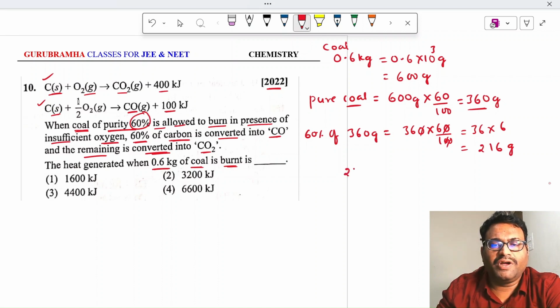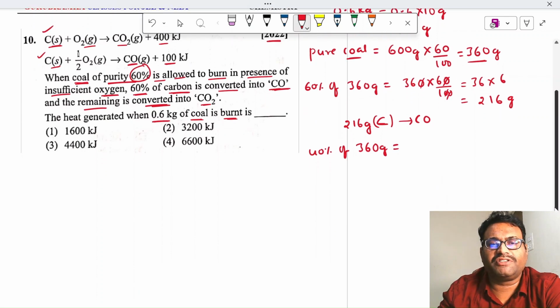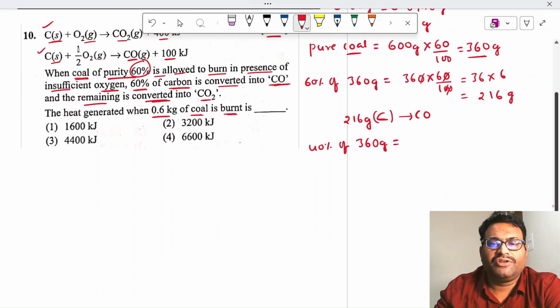So this 216 grams of carbon is converted to carbon monoxide. The remaining 40 percent of 360 grams, what will be 40 percent of 360 grams? Okay, 360 into 40 by 100.